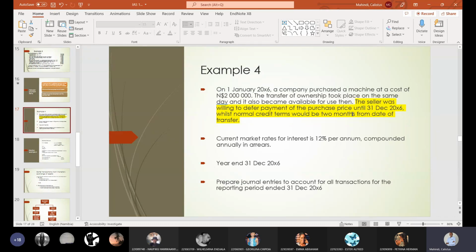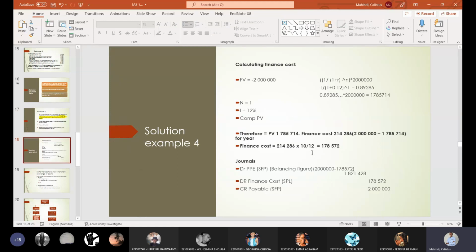From 1st of March up to 31 December, which is 10 months. And that is why we had to calculate the interest applicable for 10 months. So that's 10 divided by 12. You take the interest for the year, 214,286, times 10 over 12, and that is how you arrive at the 178,000. Is that clear now?